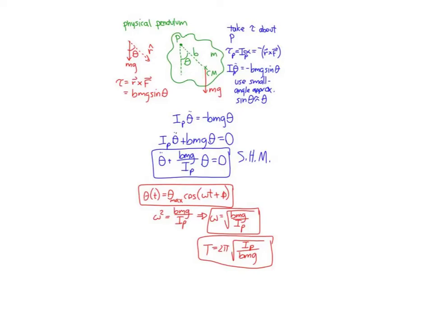So in this physical pendulum situation, when it's disturbed by a small angle theta from hanging straight below the pivot, then there will be a restoring torque that causes it to go back to its equilibrium position.